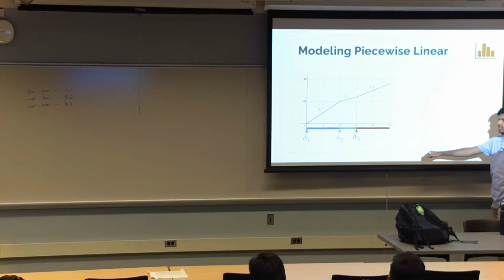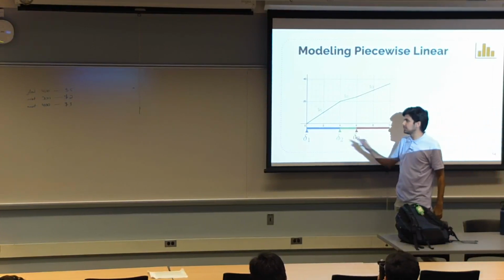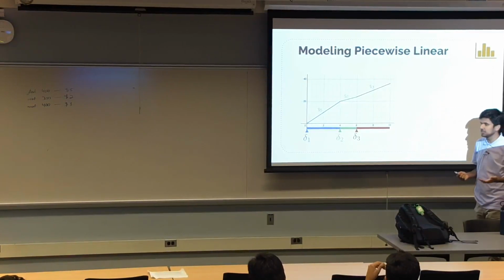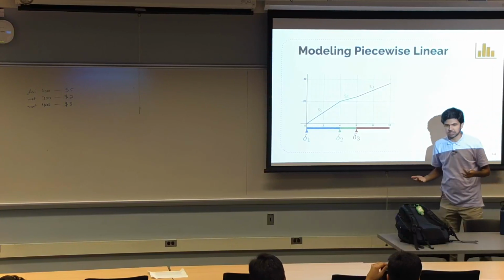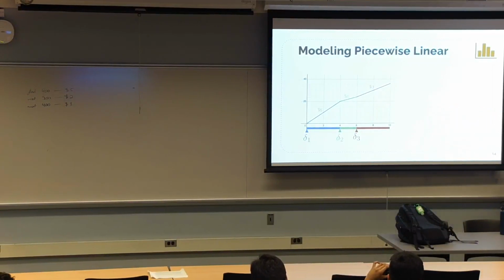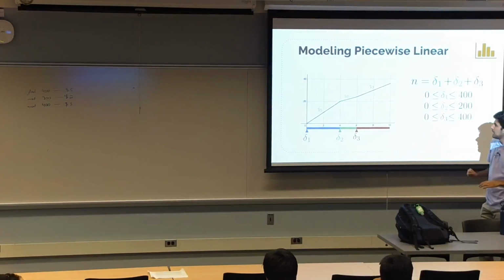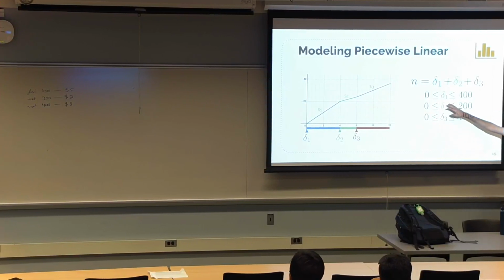So delta is going to tell us how far into a segment we are. The amount of ducks we produce will tell us what delta should be. A bit more formally, the amount of ducks we produce is going to be the sum of our deltas. And critically, note the bounds of the delta.